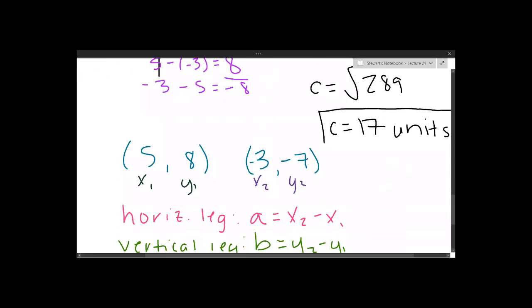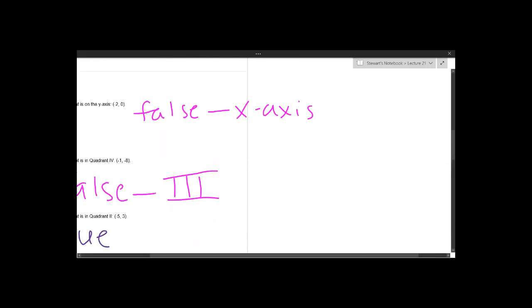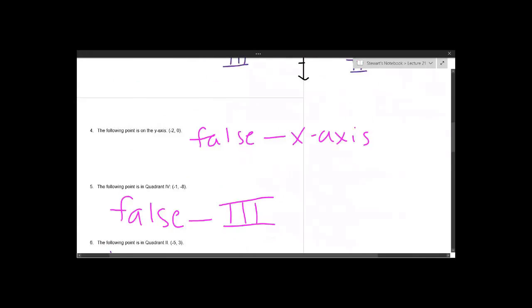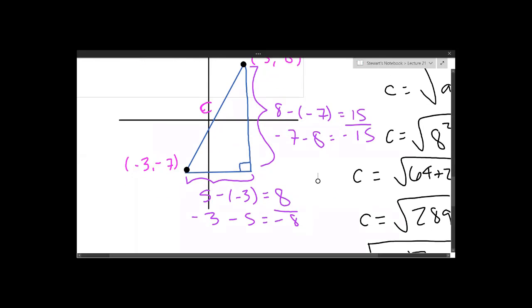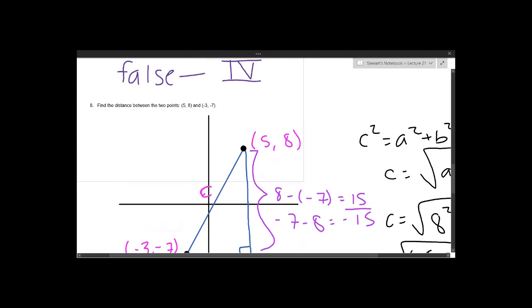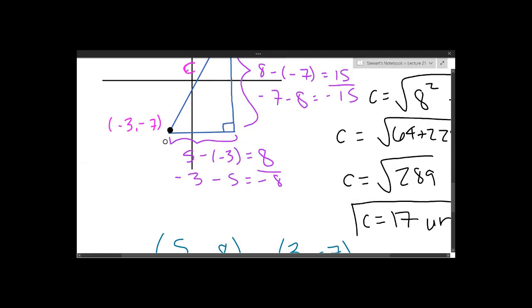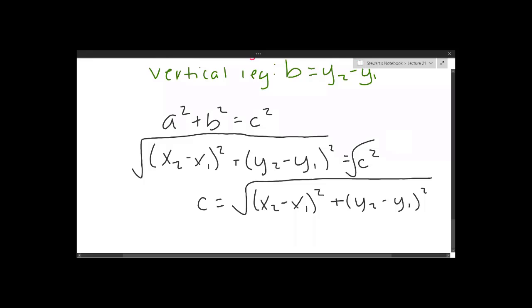That works because if you think about the coordinate plane on this grid, there's always going to be a right angle between the vertical and horizontal lines that you form between the 2 points. And so now we can solve for the distance if you think about it in terms of the Pythagorean theorem, like a right triangle problem. And then the hypotenuse will always be the actual distance between the 2 points. And you can solve for that using this system. And that would be the distance formula.